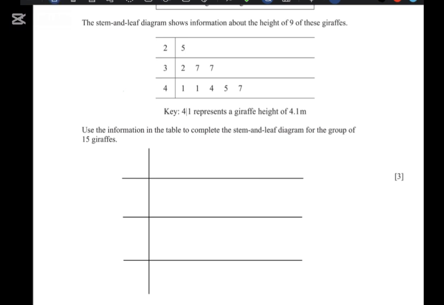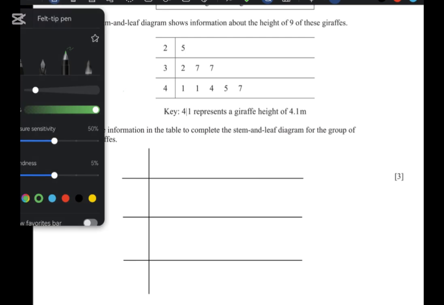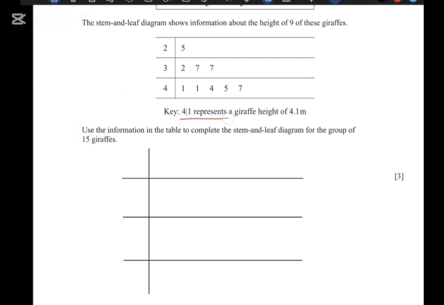Now start writing the numbers, and here we will also use the same key, which is like this. 4 and 1 represents 4.1 meters. So write down the key here. Key: 3, 7 represents 3.7 meters. This is the key.